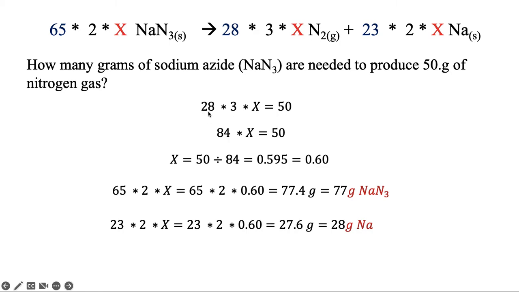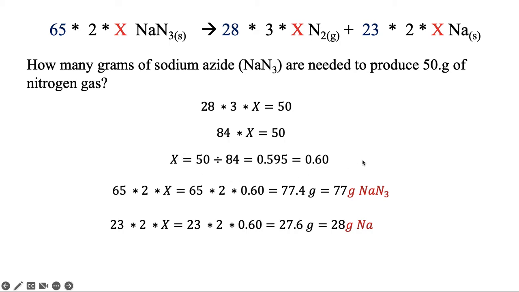Then I multiply: 28 times 3 gives me 84. I still have it multiplied by X, so 84 times X gives me 50. Now I can find X by dividing 50 by 84. So X is equal to 50 divided by 84, and it comes out to be about 0.595, or approximately 0.6.